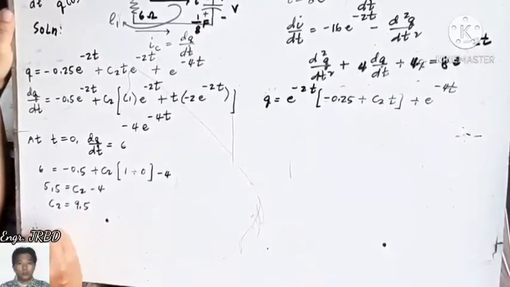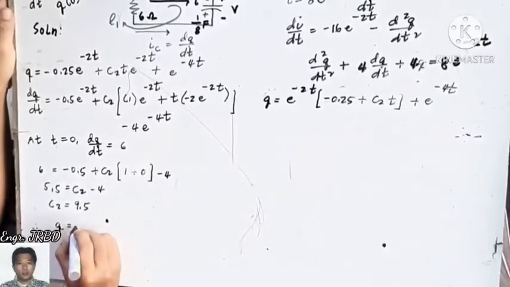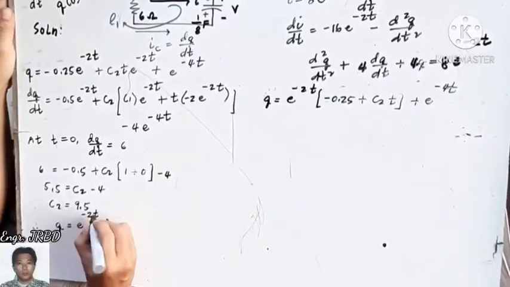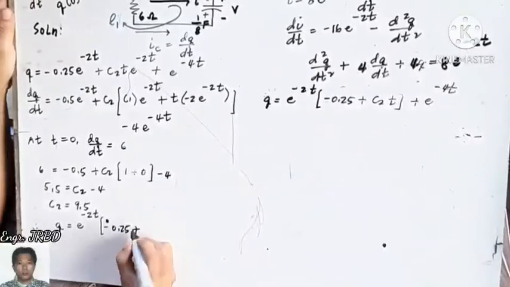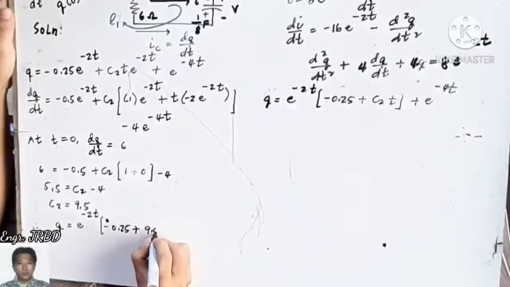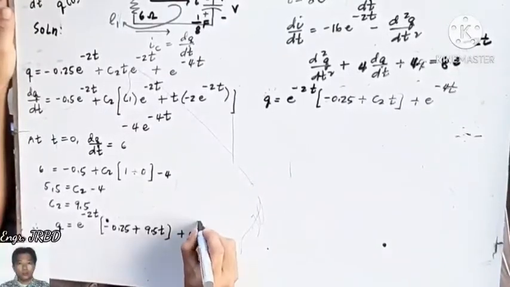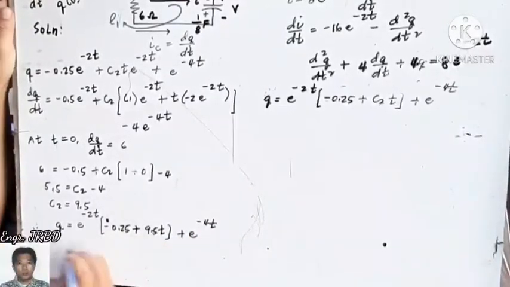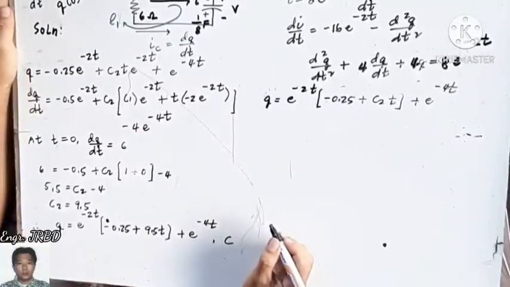So therefore, we now have the transient expression of Q. Q is equivalent to e raised to negative 2t times negative 0.25 plus 9.5 times t, plus e raised to negative 4t coulombs. And once you have your Q, it will be very easy to obtain your I. Okay?